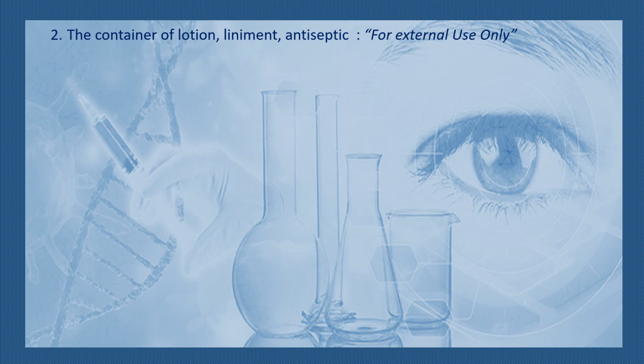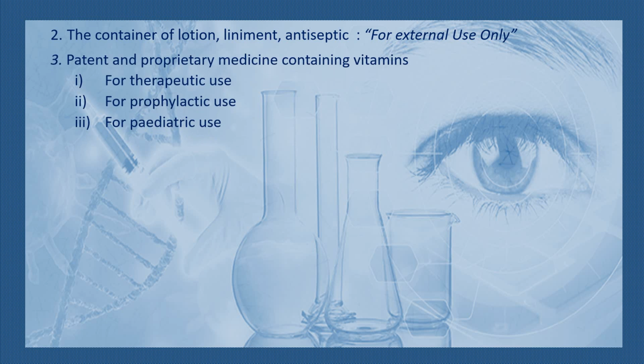The statement on the label should be: for external use only. Then patent and proprietary medicine containing vitamins should mention therapeutic use, prophylactic use or pediatric use on the label.